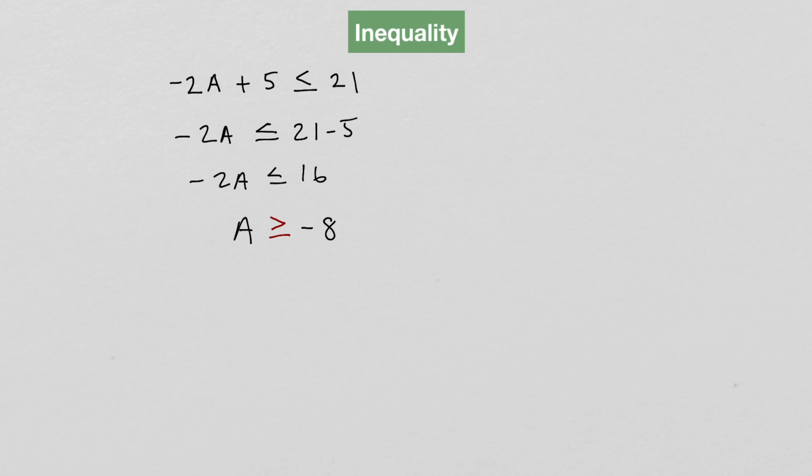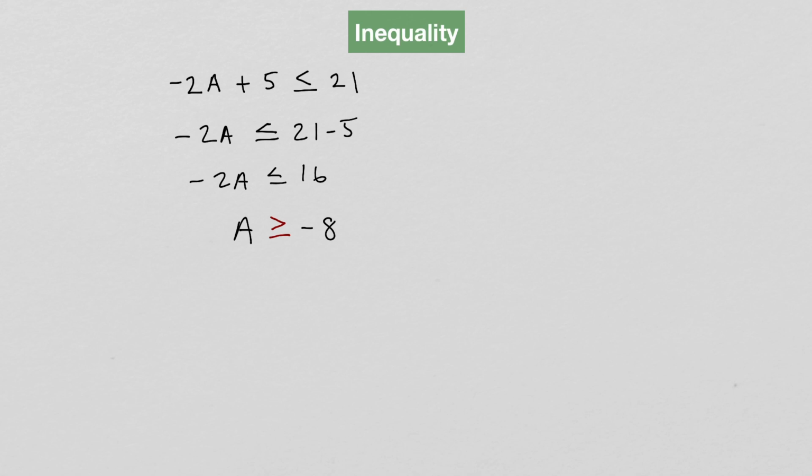The only time you flip or switch the inequality sign from less than to greater than, or greater than to less than, is when you are multiplying or dividing by a negative. If you're adding or subtracting a negative number, there's no switching around. Only when you multiply or divide by a negative number.